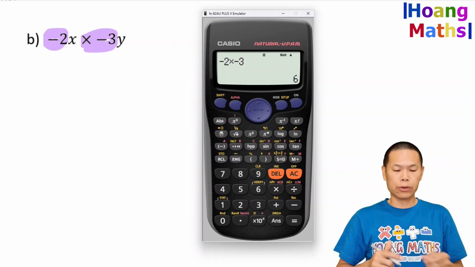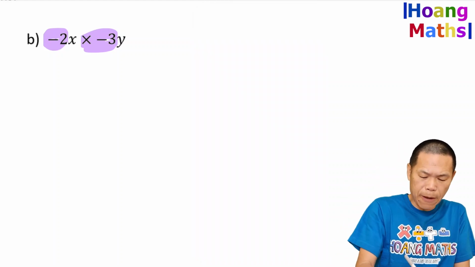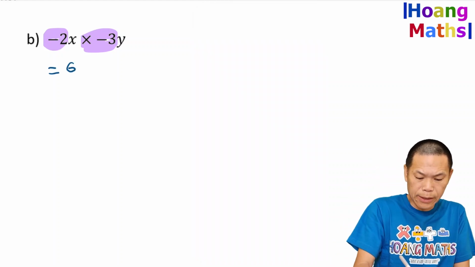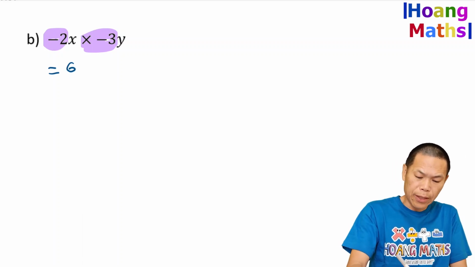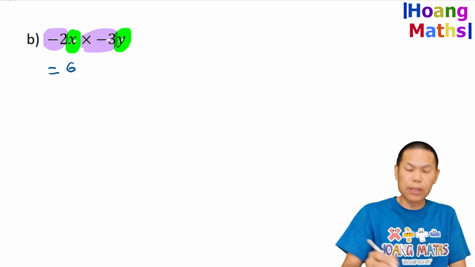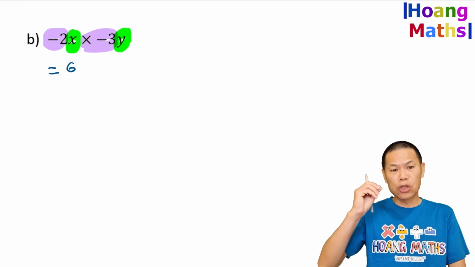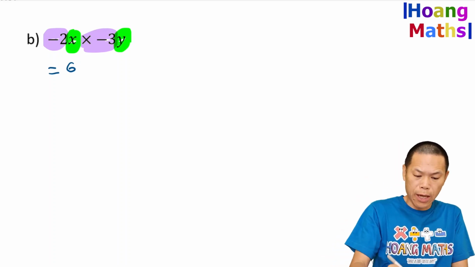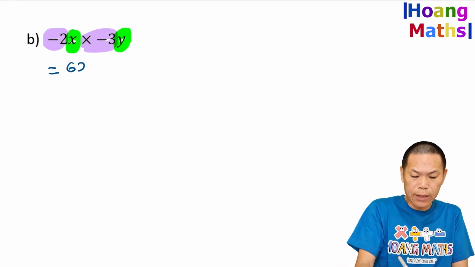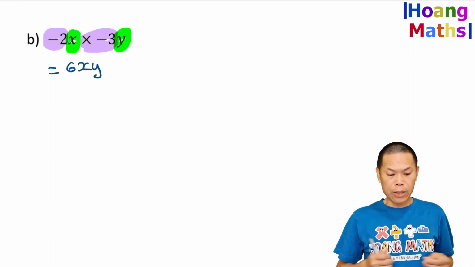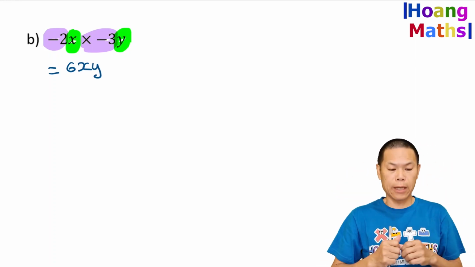So there you go, it's 6. Then we have x and we times y, so x times y will give me xy. So that is 6xy.